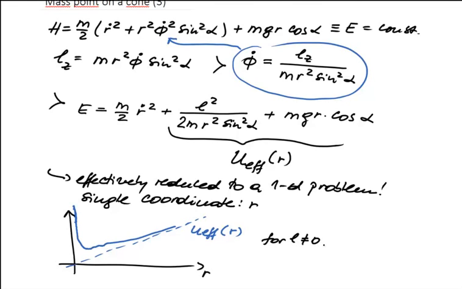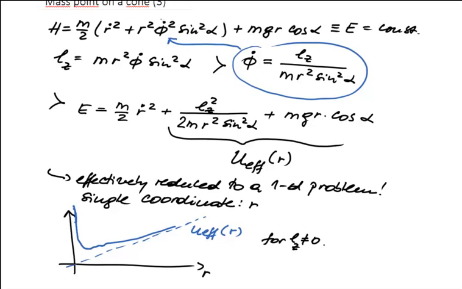You may have situations, of course, where this angular momentum component, little l, is equal to 0. In that case, the first term doesn't contribute, and you have a strictly linear dependence of the effective potential on r. But if the angular momentum component is different from 0, then you have the behavior that I sketched here.